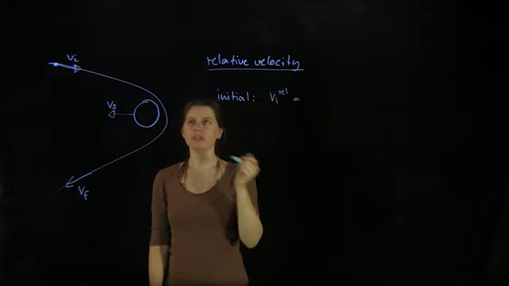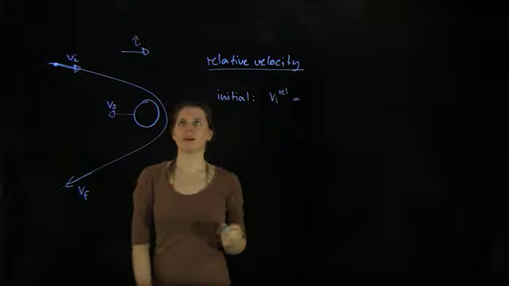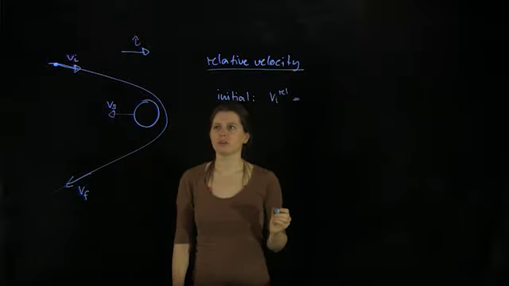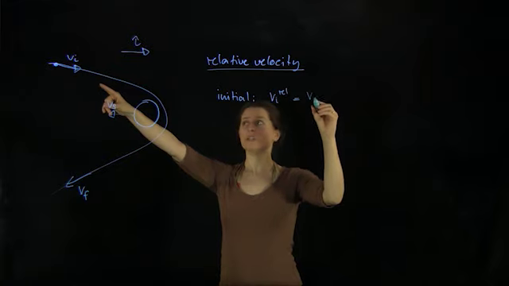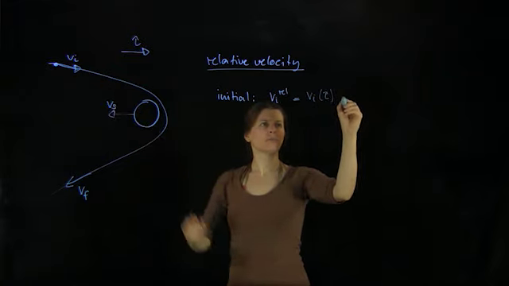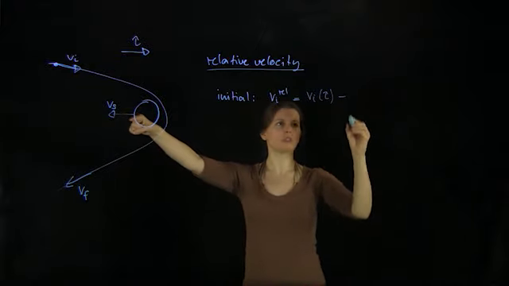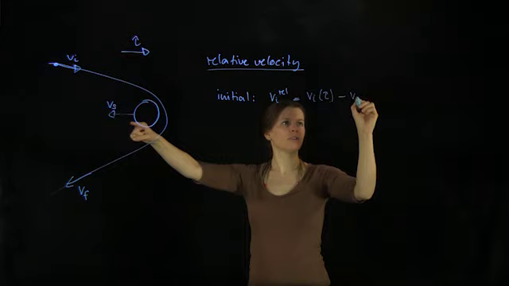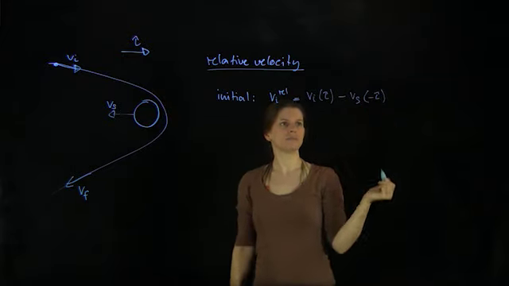What becomes very important here is that we look at the coordinate system and keep that in mind, otherwise we're going to get a few sign errors. So the initial velocity of the spacecraft goes in the i-hat direction, and the relative velocity is of course the difference, so minus the velocity of Saturn, but that one goes in the minus i-hat direction.